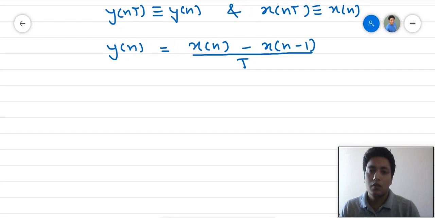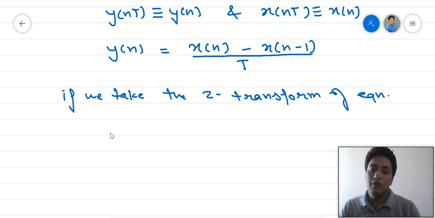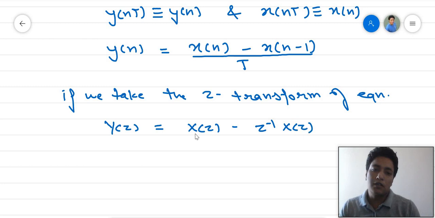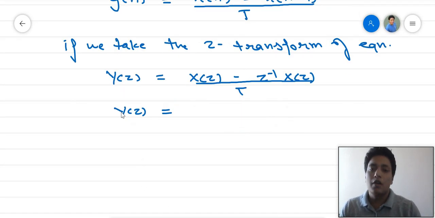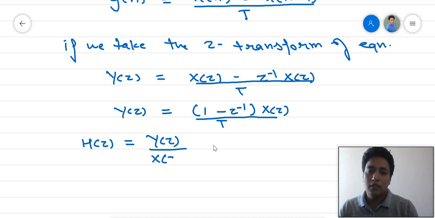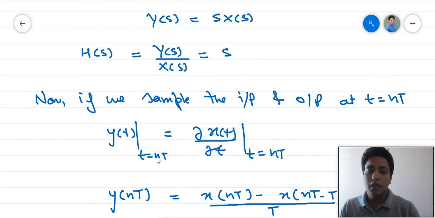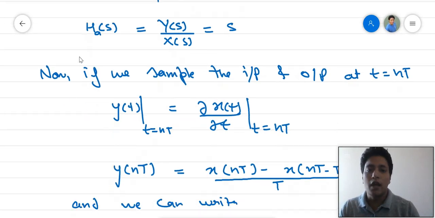Now, if we take the Z transform of the equation, we get Y(z) equals X(z) minus z inverse X(z), divided by T. Writing this again, Y(z) equals 1 minus z inverse into X(z) by T, that means H(z) is equal to Y(z) over X(z) equals 1 minus z inverse by T. For better correspondence between the Z transform and the Laplace transform, we will write this H(s) as Ha(s) for the analog domain.